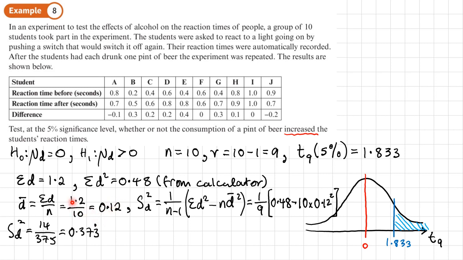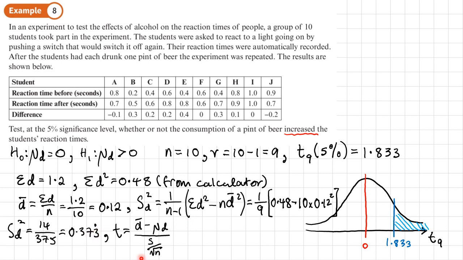So I didn't have to do these calculations here for the sample variance for the mean using the sum of d and the sum of d squared. I could have got this answer here for the sample variance, and this answer here for my sample mean directly from the calculator. But I just did the calculation here so you can see what's going on.